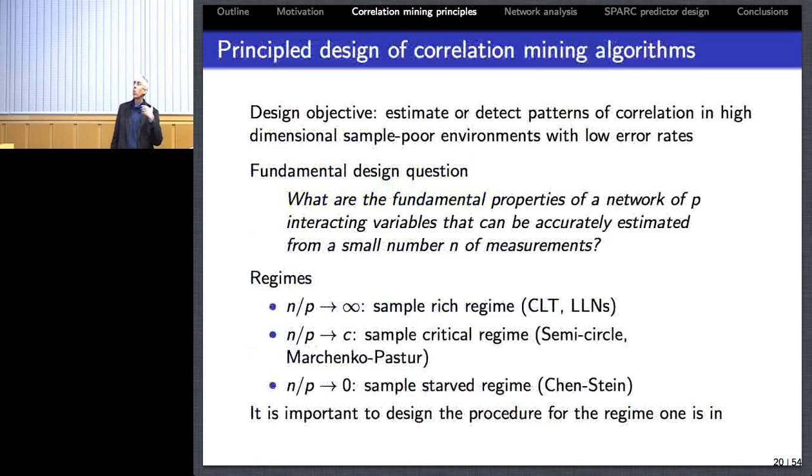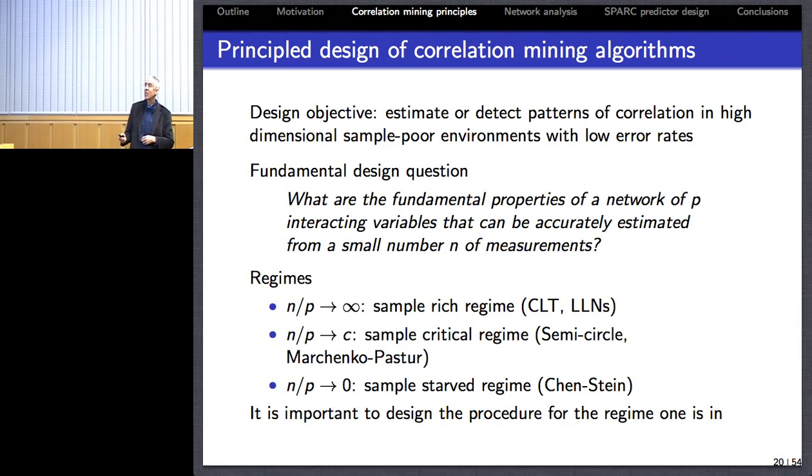All right, so the principles behind designing reliable correlation mining are basically to determine which among several sampling regimes you're in. These are mathematical limits, right? There's a mathematical statement: N is the number of samples, P is the number of variables, biomarkers you have.